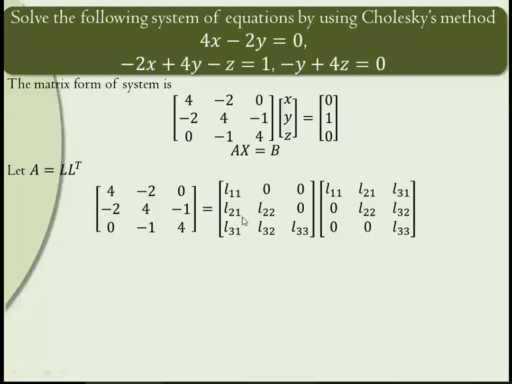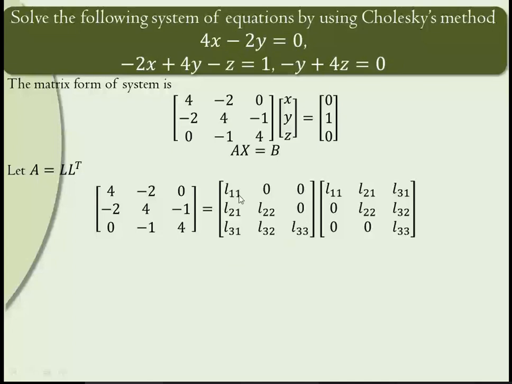Instead of this notation, you can use any letters A, B, C, D. But generally, the elements of a matrix are denoted by small letters with a suffix, and this suffix is its position. L11 is first row, first column, L22 is second row, second column, L31 means third row, first column. So it is good practice to write the elements of a matrix in such form.